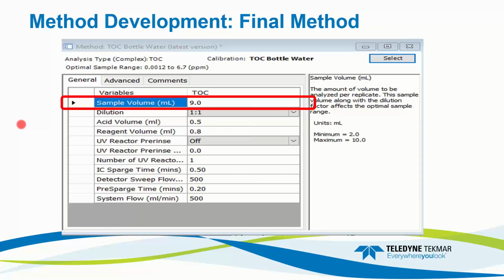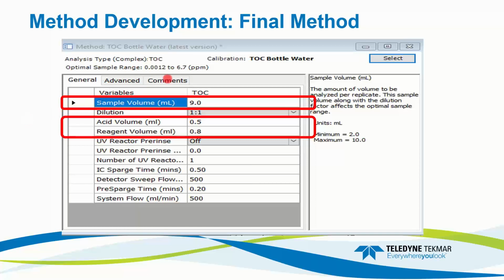So as I said before, we ended up going from a 6 mil method to a 9 mil method. Then we also reduced the amount of acid and reagent we're adding to help eliminate some of the background contribution, or the background blanks, from the system itself or the reagents themselves.